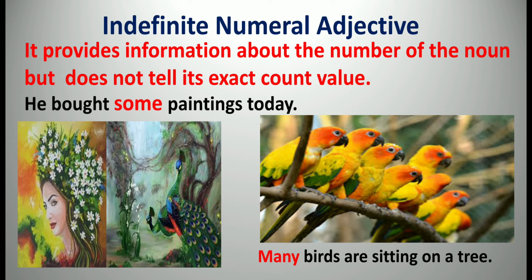The words some and many do not tell us the exact number of the paintings or the birds. Yet, they provide some information about their number. Some other examples of this category are all, any, no, few, and several, etc.